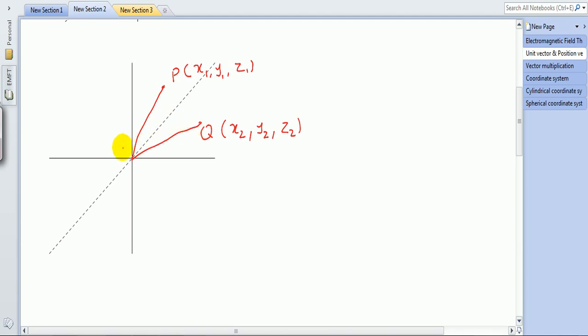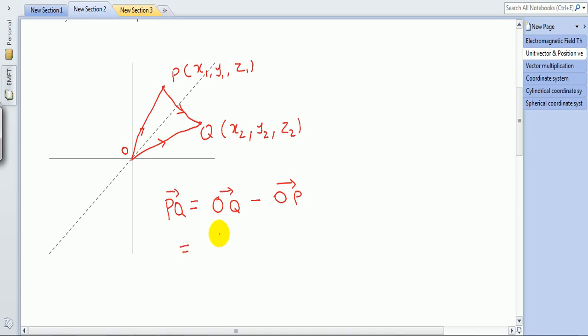So basically this is OP vector, the position vector for P. This is OQ vector, the position vector for Q, and I want to find this vector PQ. So PQ vector can be found out using OQ vector minus OP vector. PQ vector is nothing but the displacement vector. We are going from P to Q, so the displacement from P to Q is OQ vector minus OP vector.